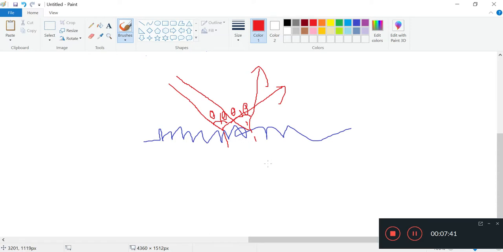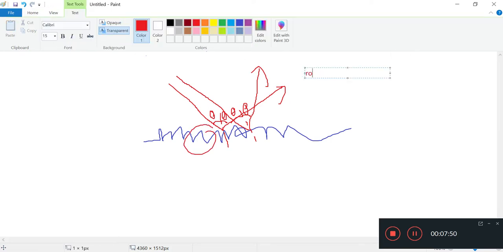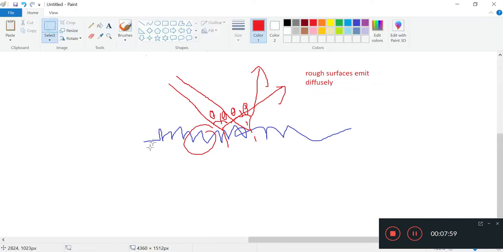So if the surface is very rough, it will reflect diffusely. Rough surfaces emit diffusely, so this is a good approximation for a real rough surface.